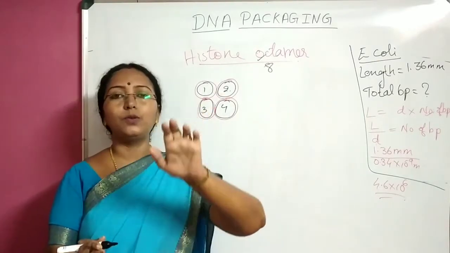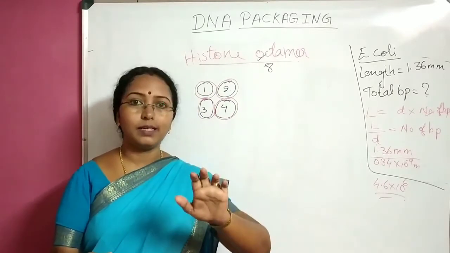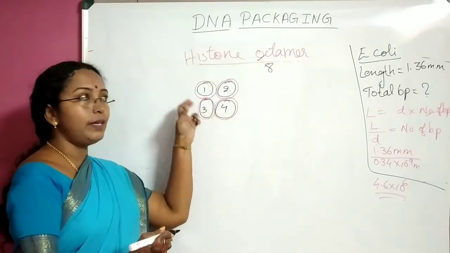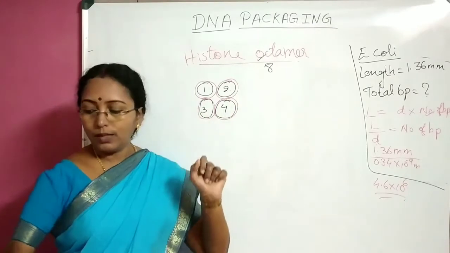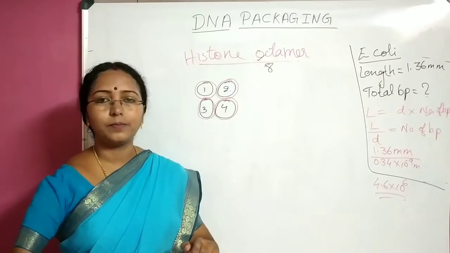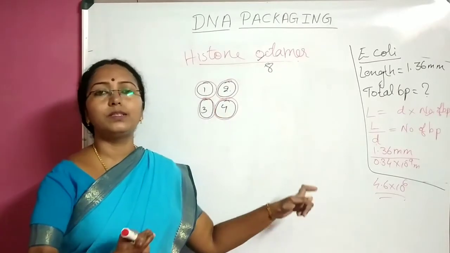4 kept over another 4. So you have 8 histone molecules arranged, and this arrangement is called the histone octamer. So now we understood how this histone is getting arranged. Now we should also know how our DNA is getting wrapped over this one.